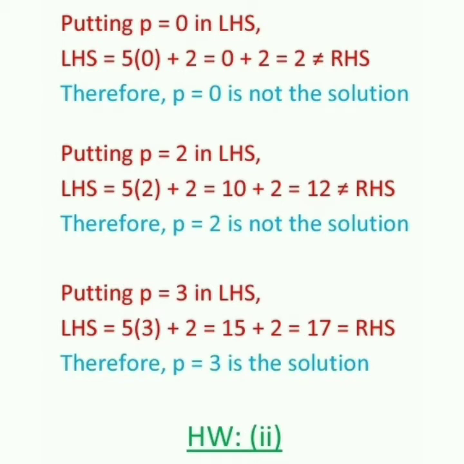Therefore, p is equal to 2 is not the solution. Now, putting p is equal to 3, left hand side is equal to 5 into 3 plus 2, is equal to 15 plus 2, is equal to 17, is equal to right hand side. Therefore, p is equal to 3 is the solution.